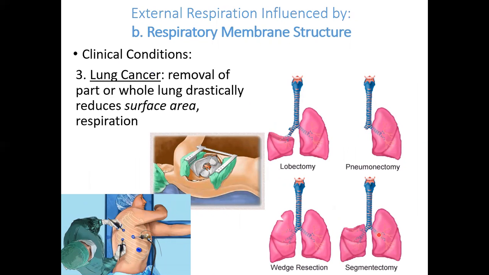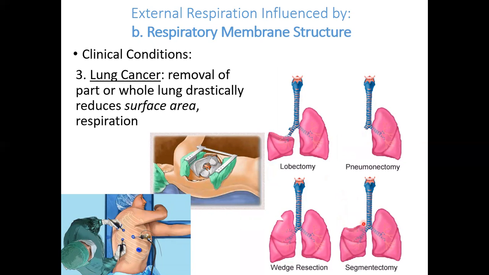Yeah, one final thing. With many conditions, there may be a need to remove part of or an entire lung. And so particularly in cases of lung cancer, an entire lung can be removed, an entire lobe can be removed, a segment.